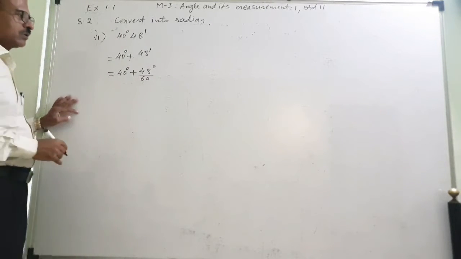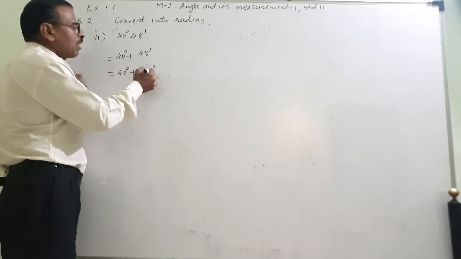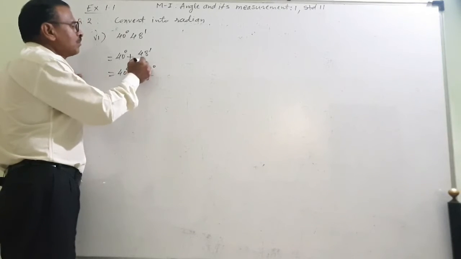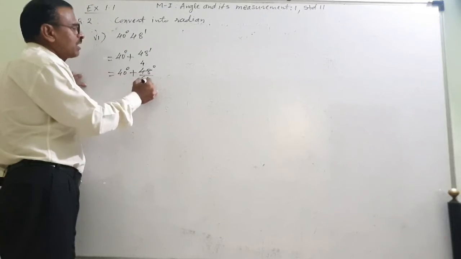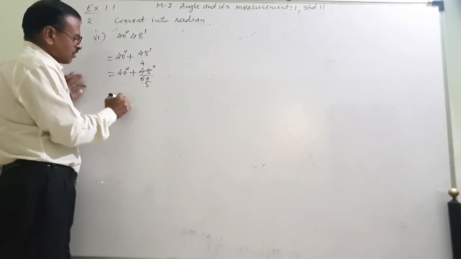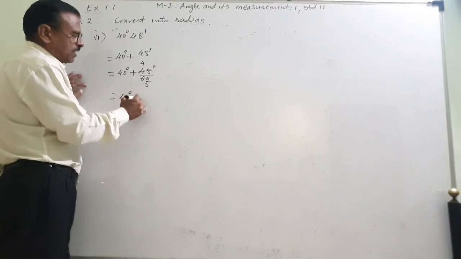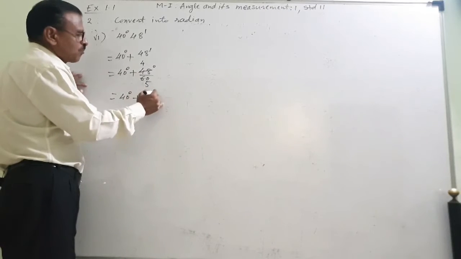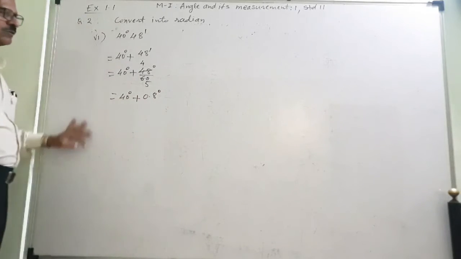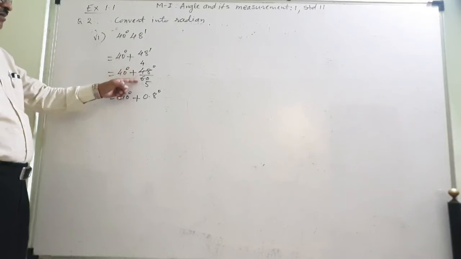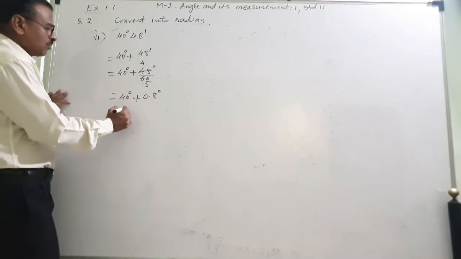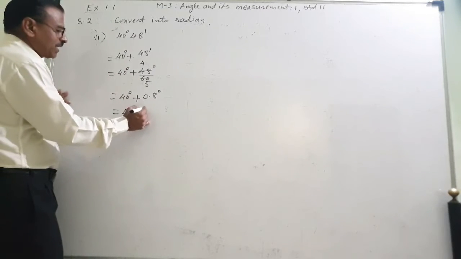So 12 fours are 48, 12 fives are 60, so that is equal to 40 degree plus 4 upon 5, which means 0.8 degree. By 12 I have divided. That is equal to 40.8 degree.